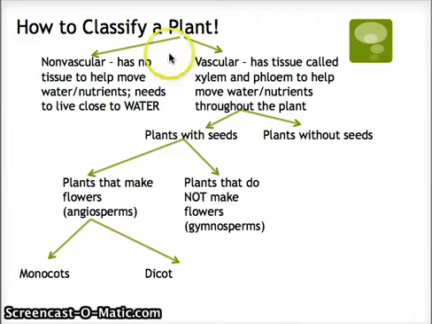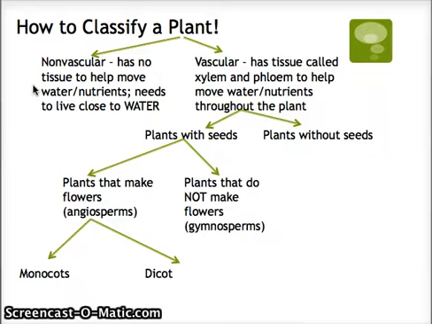Down to the left, the first way that we can classify a plant is being non-vascular. Non means not, so a plant that's non-vascular has no vascular tissue. In humans, our vascular tissues are veins and arteries. Plants have a vascular system, and I'll tell you the parts of it in just a second.